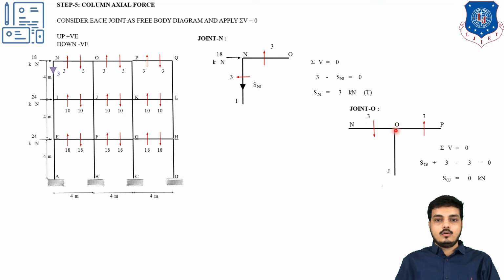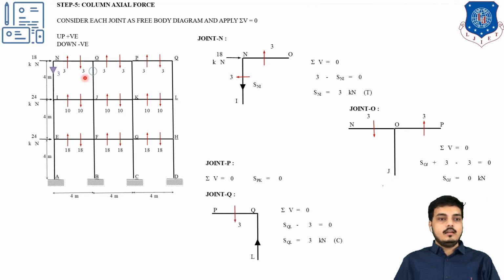So while standing over here, SOJ will be having equal and opposite forces. So ultimately for this particular member, the force will be 0. So for SOJ it will be 0. Similarly for P also, as this is going downward and this is going upward, the summation of V will be equal to 0. So for PK member it is also 0.